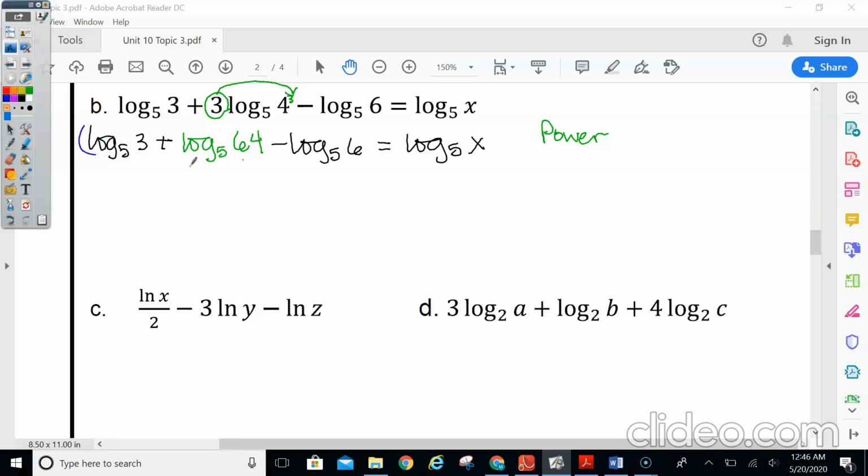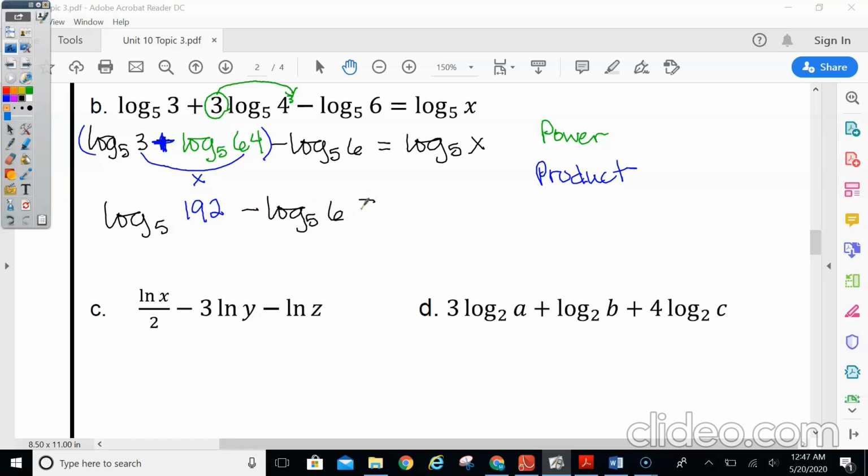So if we group the first two together, since we're adding, we're going to use the product rule and multiply these two numbers together. So 3 times 64 is 192. So again, this is the argument number inside the log. So log base 5 of 192 minus log base 5 of 6 equals log base 5 of x.